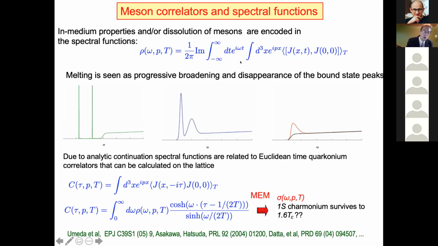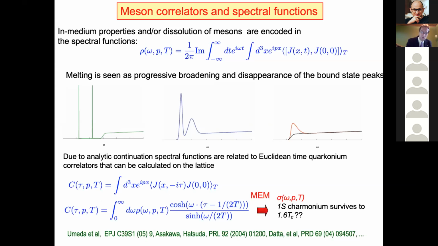From analyticity, the Euclidean time correlation function is related to the real time correlation function. Therefore, you can represent your Euclidean correlation function in terms of the spectral function through an integral transformation, which is based on this finite temperature kernel.